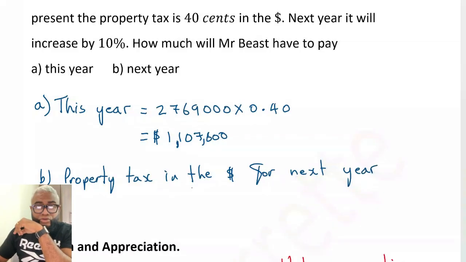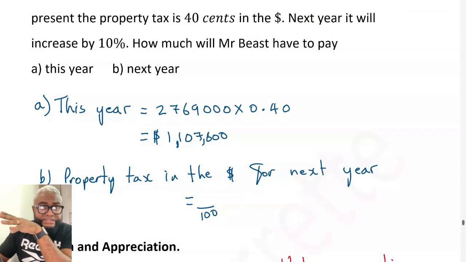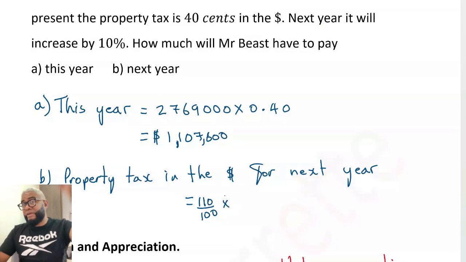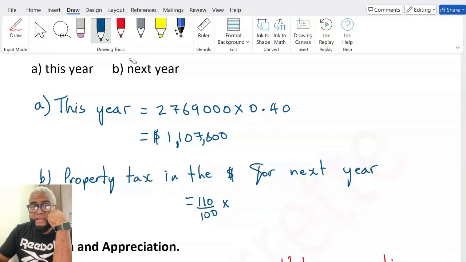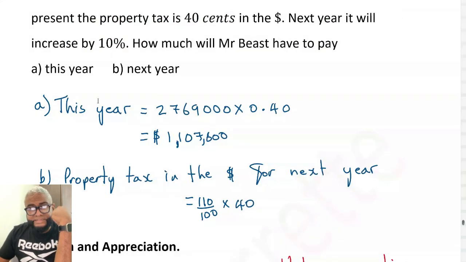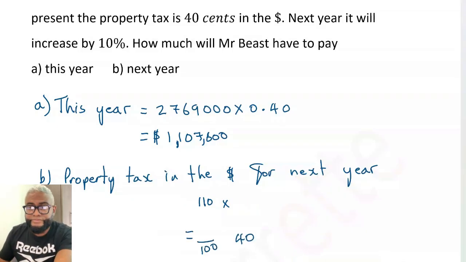It's going to be a 10% increase, so like 110% now. If it increases by 10%, it will be 100 plus the 10% increase, right? So it's 110% multiply, not divide, like when we want to get back an amount, like what we did earlier. So it's 110% of 40 cents. You can just put 40 cents. We know it's cents. We know when we multiply it's point whatever, right? So 110% of 40. How much cents is it now?